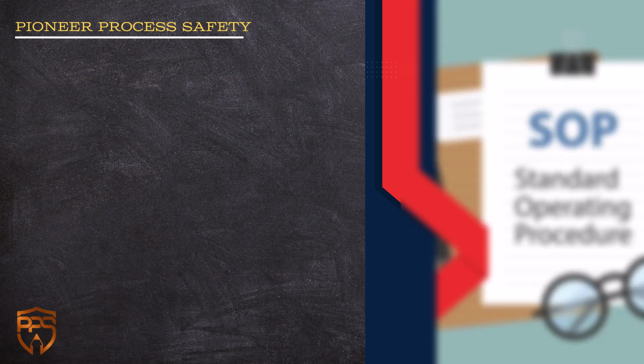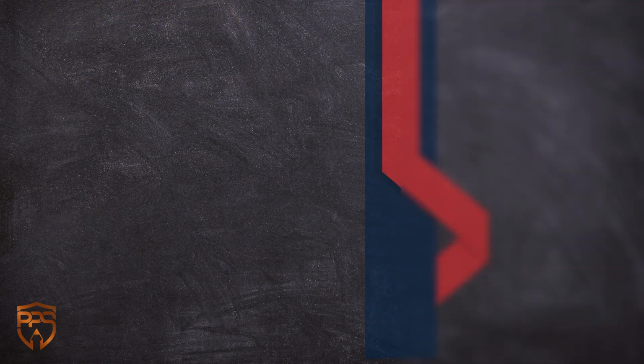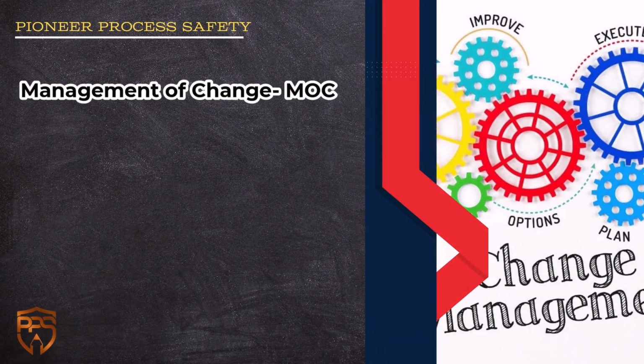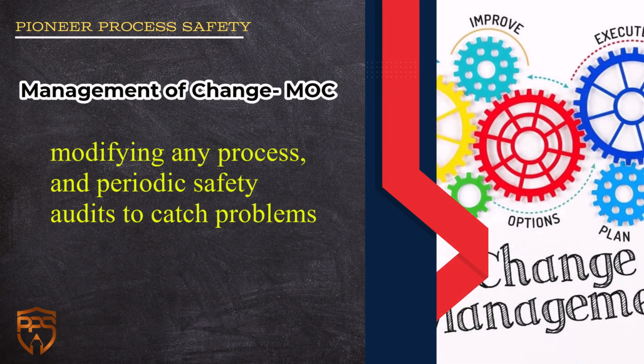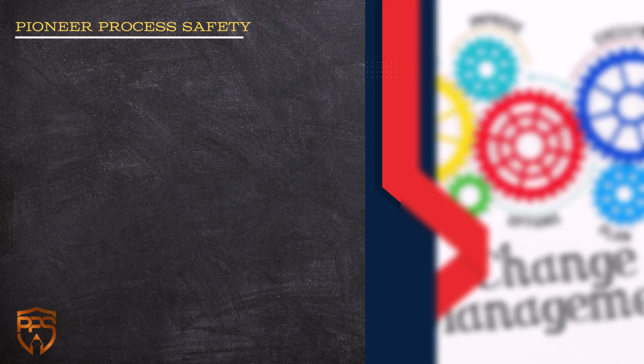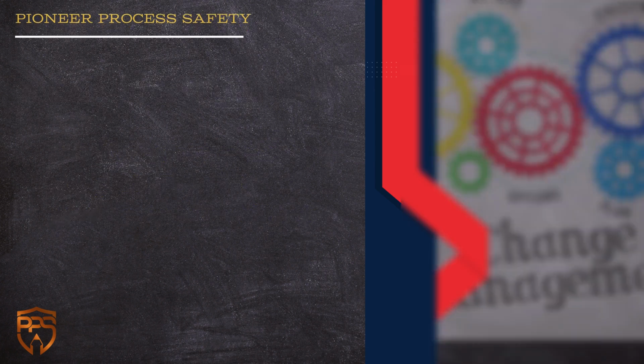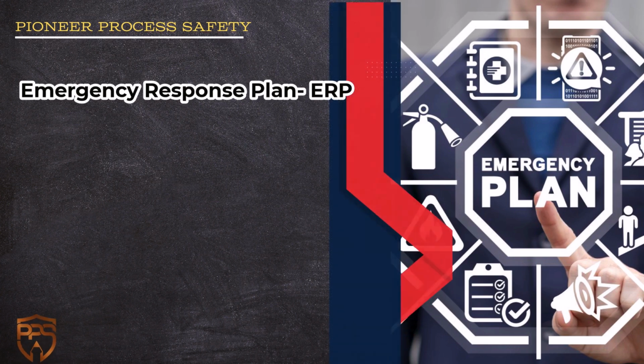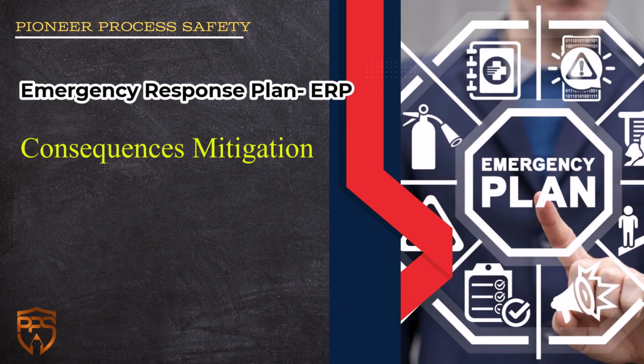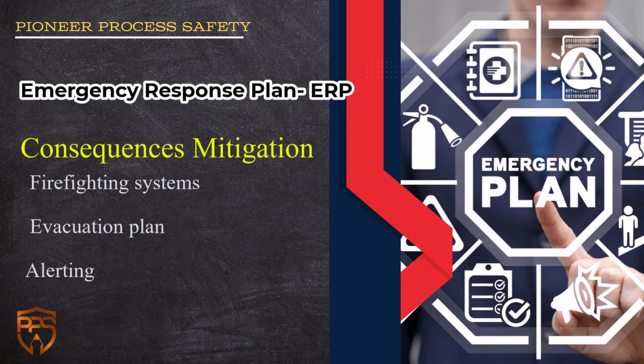We also include management controls such as management of change reviews before modifying any process and periodic safety audits to catch problems. And as the final layer, we prepare emergency response plans so that if an incident does occur, we can mitigate the consequences. Firefighting systems, evacuation plans, community alerting, and others.